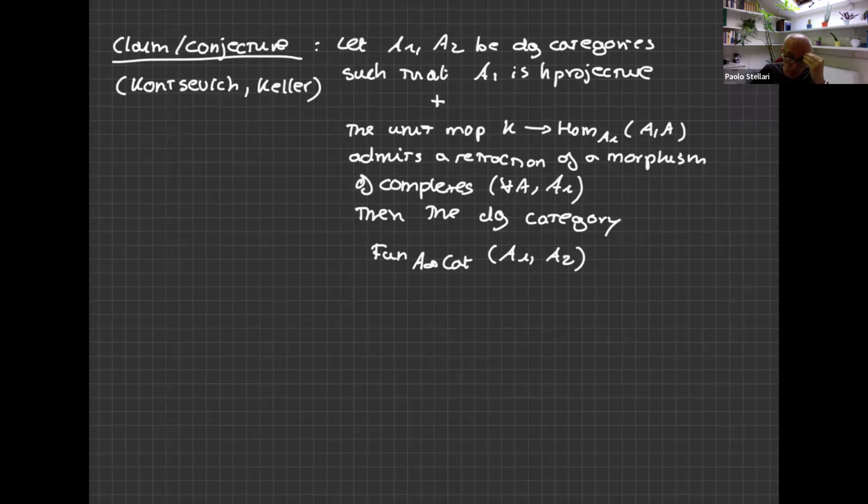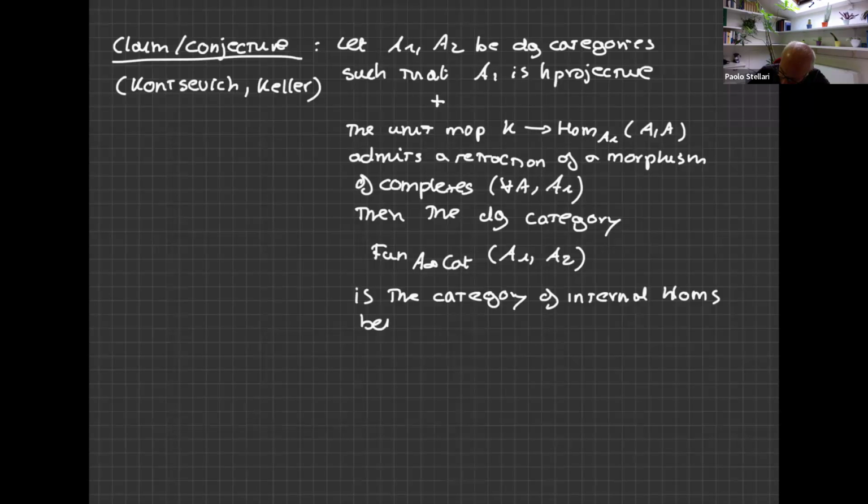So this is the DG category consisting of strictly unital A infinity functors between A1 and A2, and it is the category of internal Homs between A1 and A2. That's a beautiful idea.